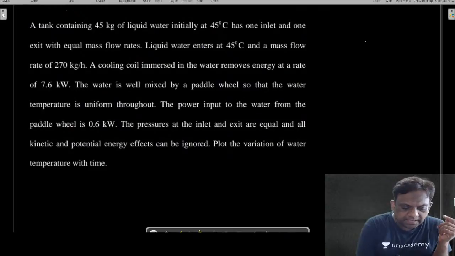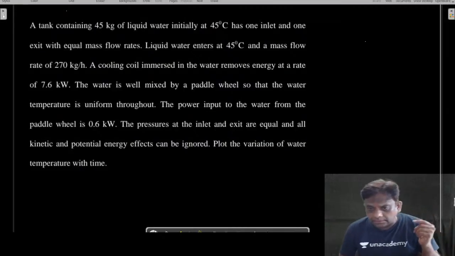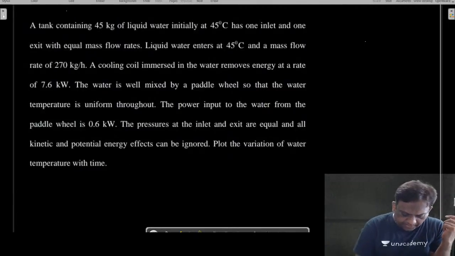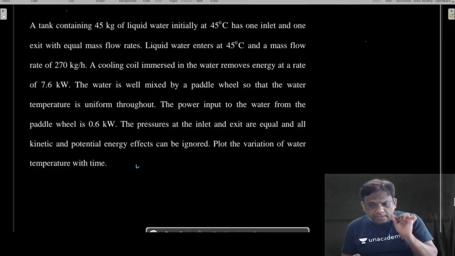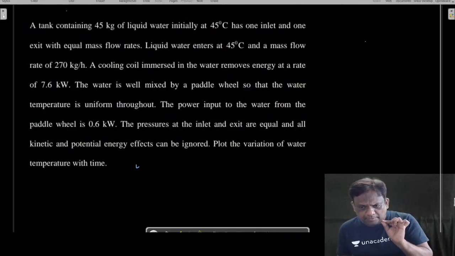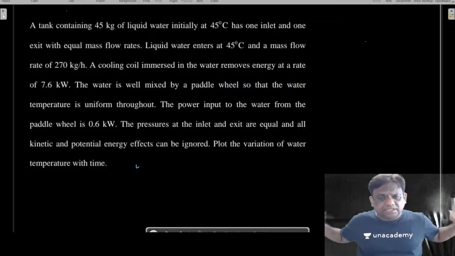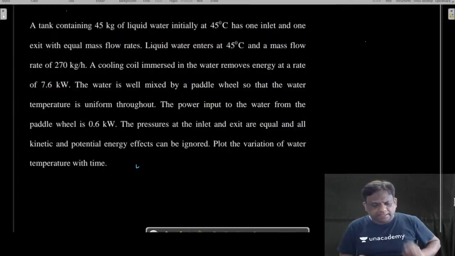A tank contains 45 kg liquid water, initially at 45 degrees centigrade, has one inlet. So I'm trying to solve one very good question. Even if you cannot see, I'll explain very clearly.